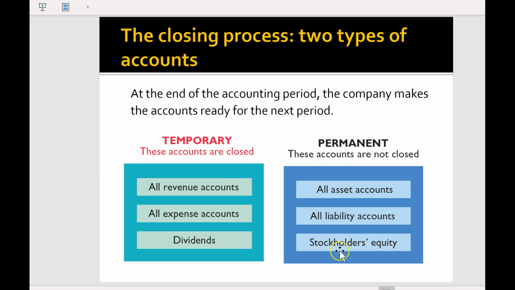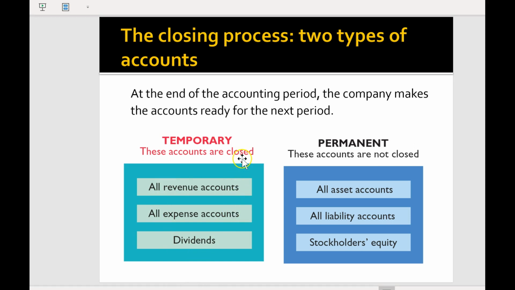Some of these accounts are called permanent accounts, which means these accounts are not closed and they accumulate numbers period by period. The other type of account is called temporary accounts. Those are revenue, expense, and dividend accounts, which means these accounts are closed at the end of the period.